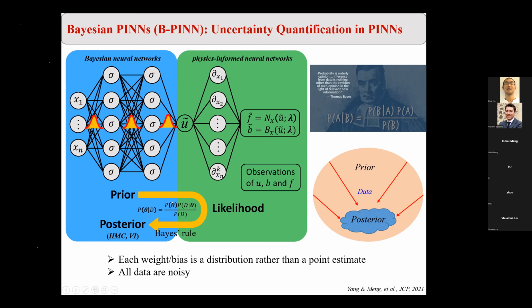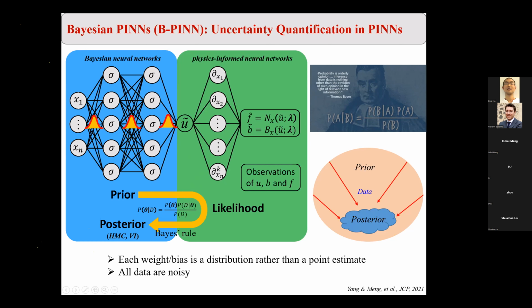We have a prior distribution for the weights and biases, and we have the likelihood for the data. This is the marginal likelihood, and this is the posterior. If we can get a posterior, we can then get a posterior for the functions U here.